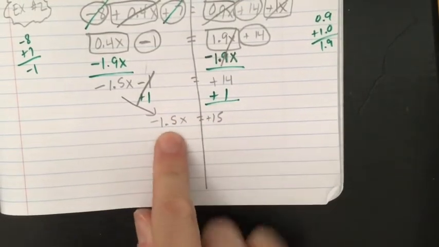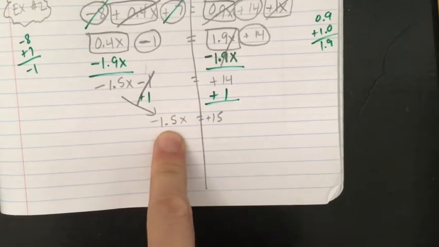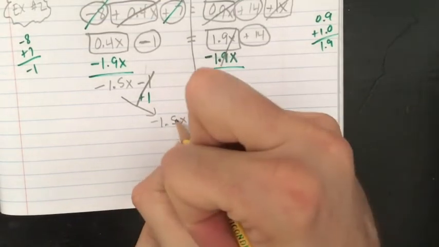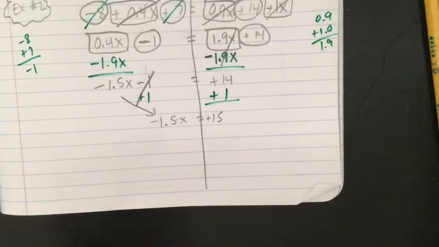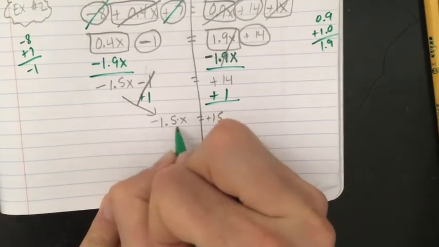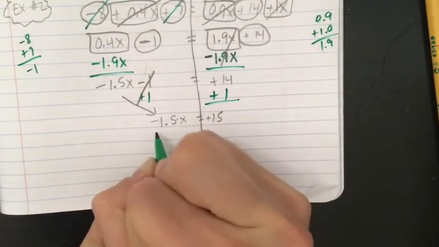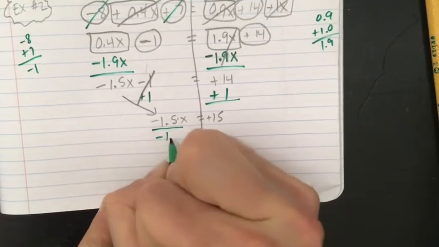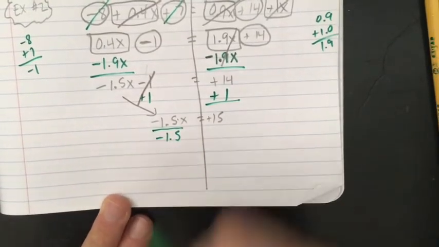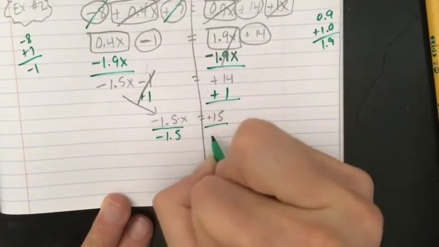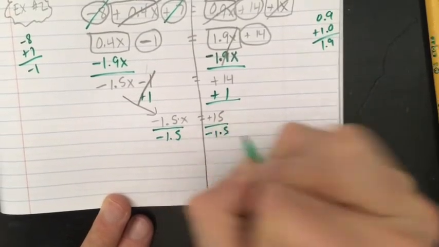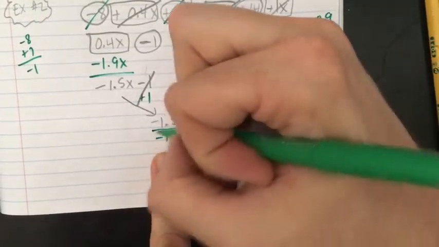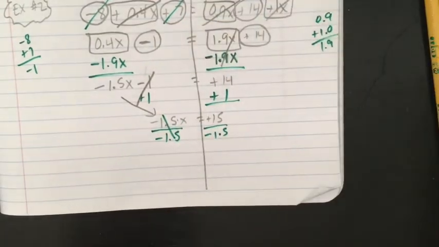And so now my last step is to isolate, right? So negative 1.5 is the coefficient. Put a little dot there to remember that it's multiplying. So what am I going to do to get rid of negative 1.5 times x? I'm going to divide by negative 1.5, right? Anything I do to one side, do to the other, right? The reason I do that here is to cancel those out.